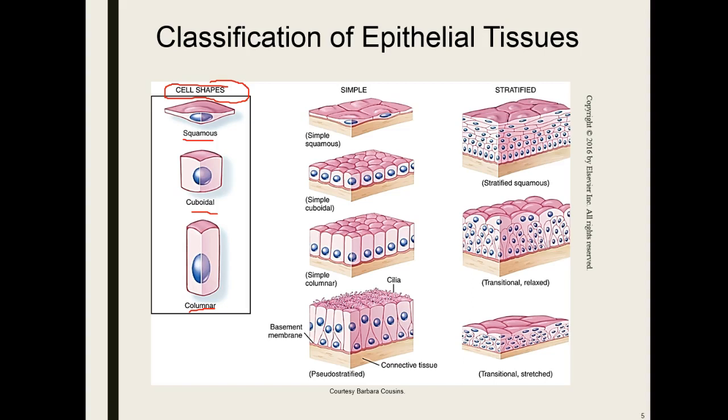If we look to the picture kind of on the right over here, we also see that we have simple and then stratified. So simple is just that one layer. You can see here there's just one layer of those squamous cells, where on this side there's multiple layers throughout.